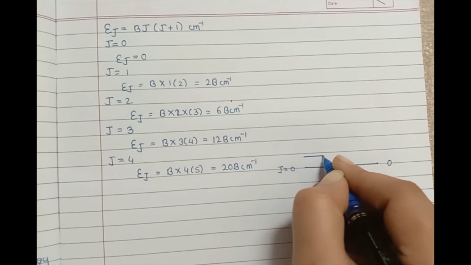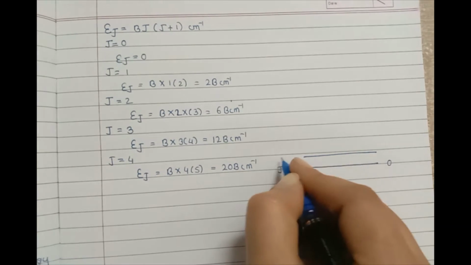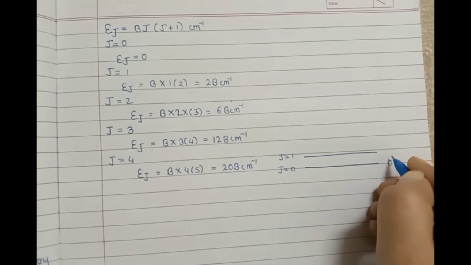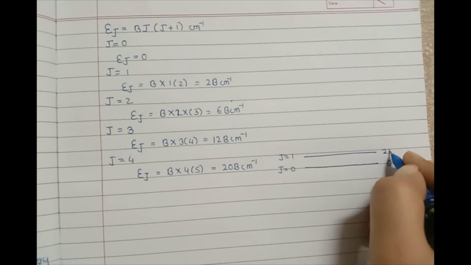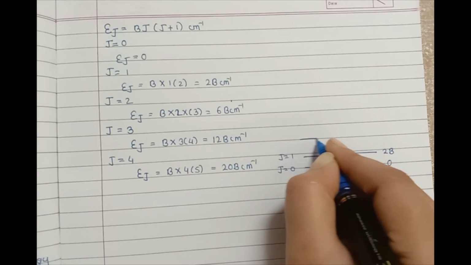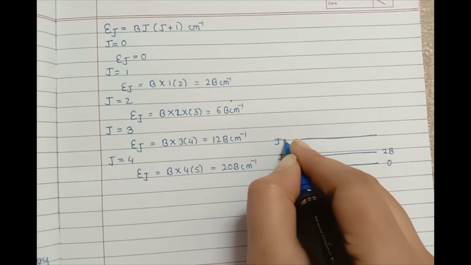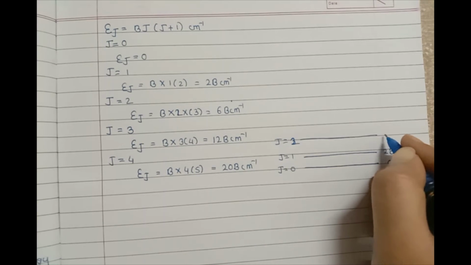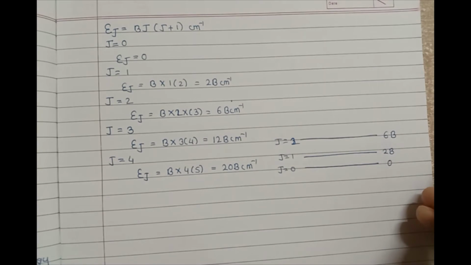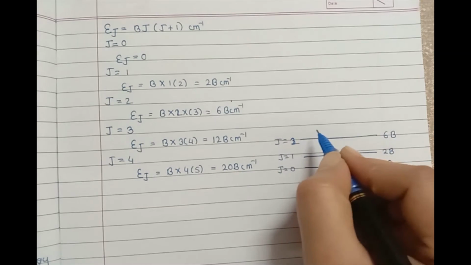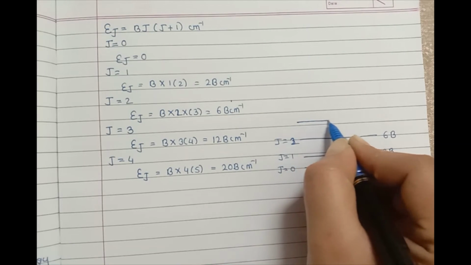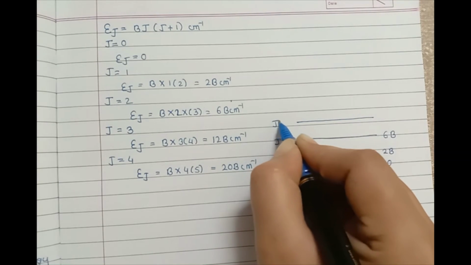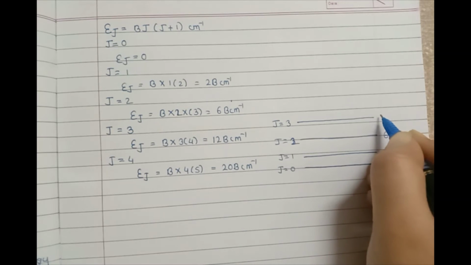For j is equal to 1, it will be 2b. For j equal to 2, it will be 6b. For j equal to 3, it will be 12b.